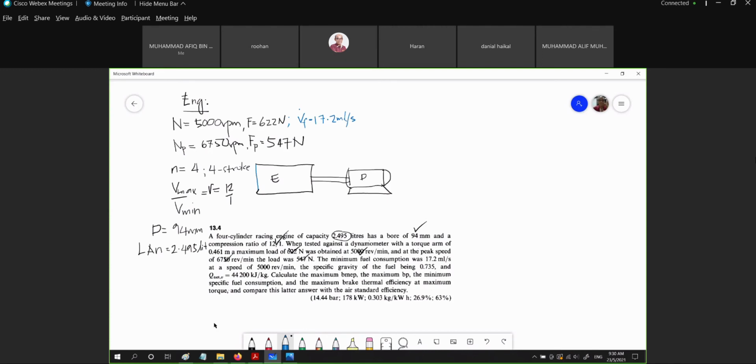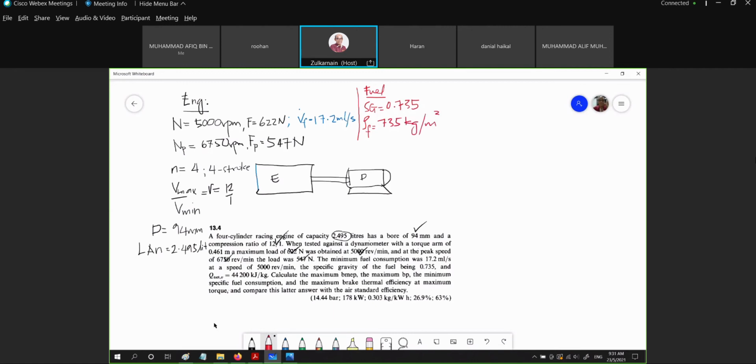And then given the specific gravity of the fuel, so we have the fuel properties. Given SG is equal to 0.735, and we have looked at this example. This 0.735 will give us the fuel density as 735 kilogram over meter cube.